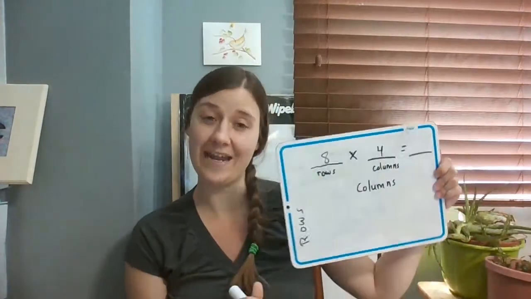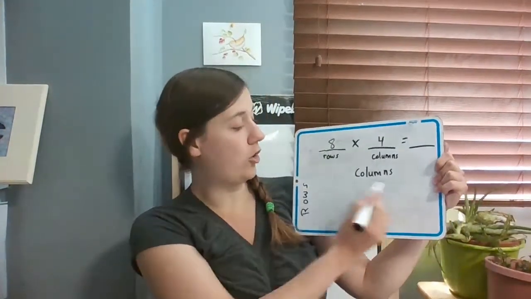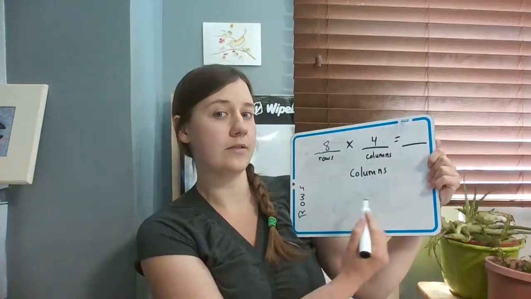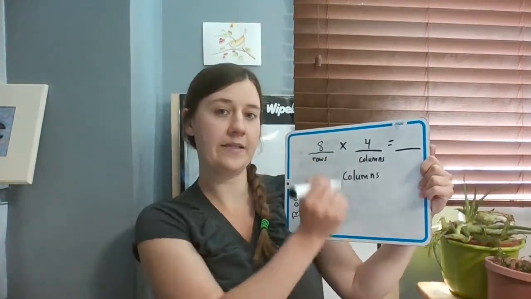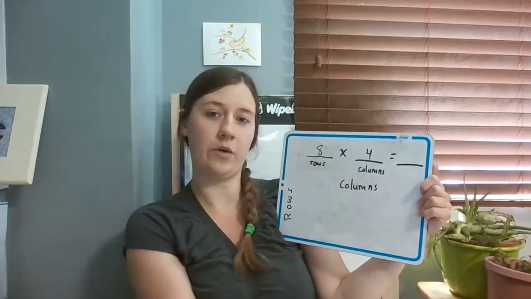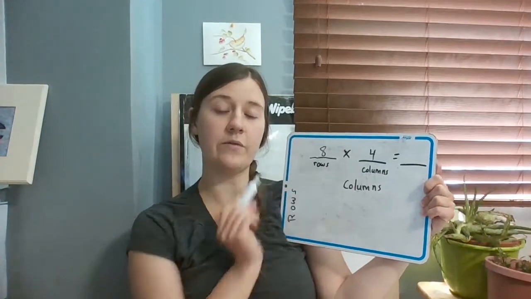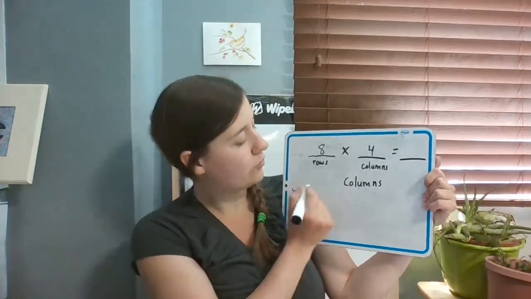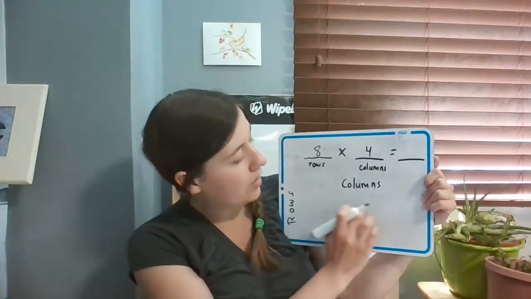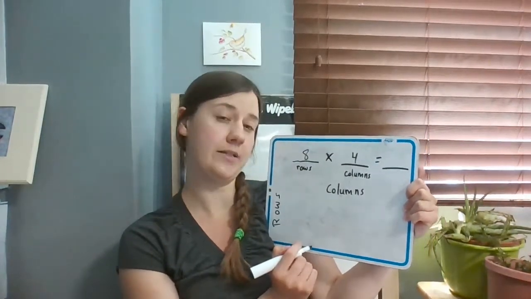Now to make an array, we have to make dots that go in rows, that go across, and columns, up and down. So to do 8 times 4, the first number that comes up is always going to be our rows. So rows are going to go across, but to start each row, we need a dot.